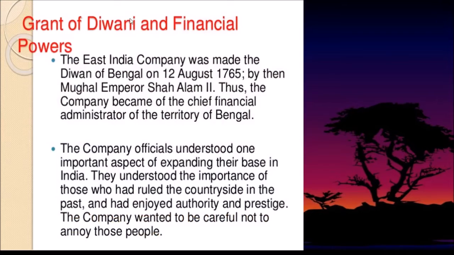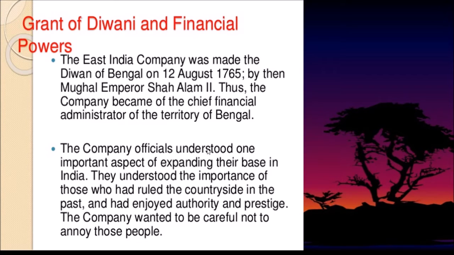Now, grant of Diwani and financial powers. The East India Company was made the Diwan of Bengal on 12 August 1765 by the then Mughal Emperor Shah Alam II. Thus, the company became the chief financial administrator of the territory of Bengal.